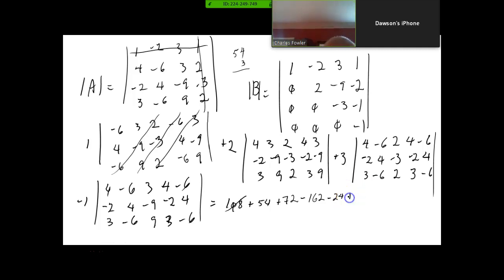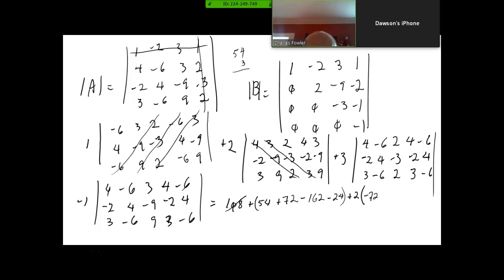Now we got to do the second one. Plus 2 times, let's do our down diagonal here. And what's that? -72. Okay, let me see. It's 36 times 2 is 72, isn't it? Okay.